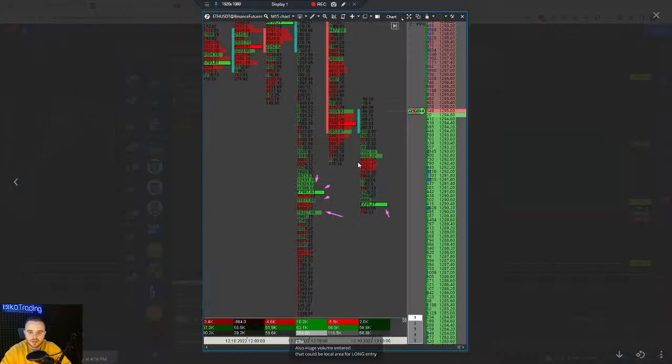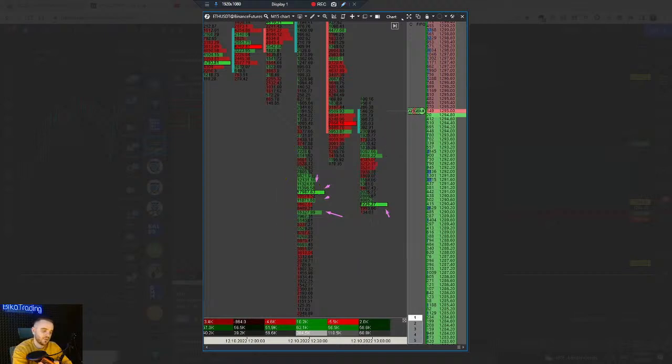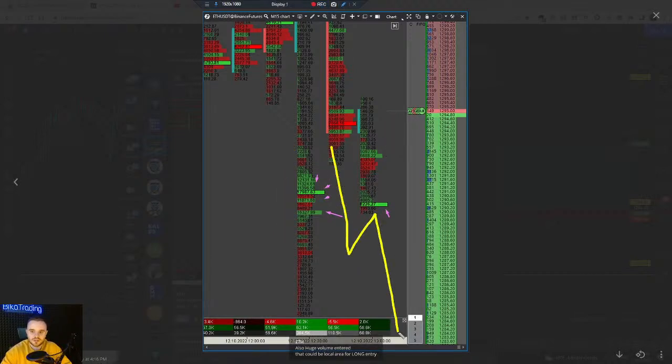On Ethereum, we have significant volume exactly in this area, and we set the stop loss below that area. If this area is really powerful, price bounces from that area. Because if price breaks that area, it goes on, and there is no reason to keep that trade.